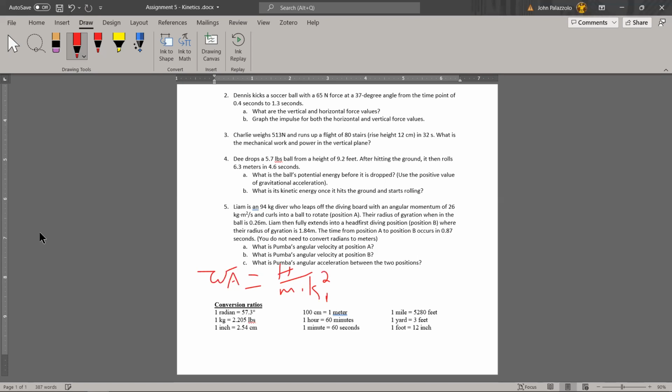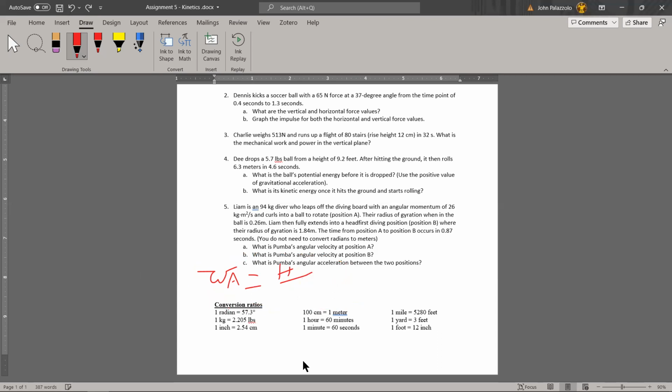And I'll put 1 here for the first radius of gyration. There is an equation on the cheat sheet that has something like this, but you'll have to derive it yourself. It uses all of these variables here. You just have to derive it. So that's for position A. Then you'll do something similar for position B.